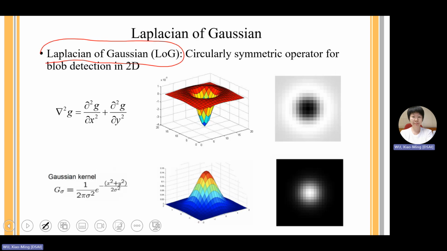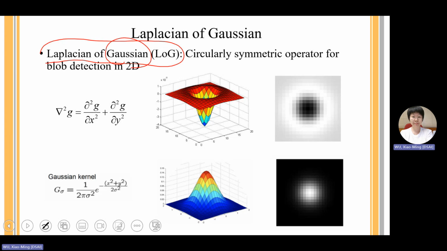Okay, so what is LOG? LOG represents Laplacian of Gaussian, and you might have noticed that Gaussians are everywhere. The Gaussian function, Gaussian smoothing, derivative of Gaussian. Now we have Laplacian of Gaussian. The Gaussian function is really useful, just like image gradient.